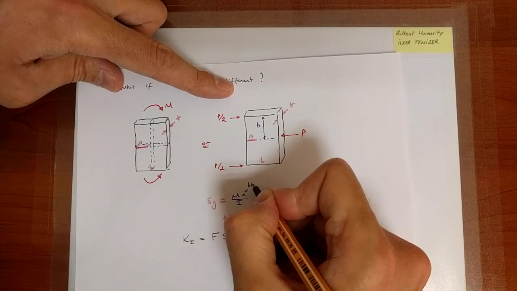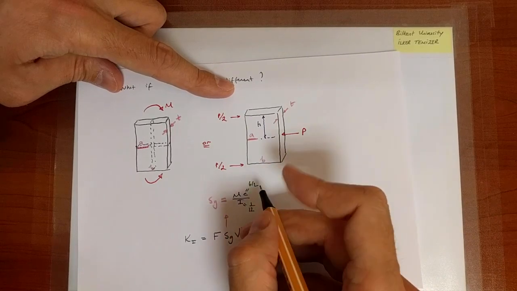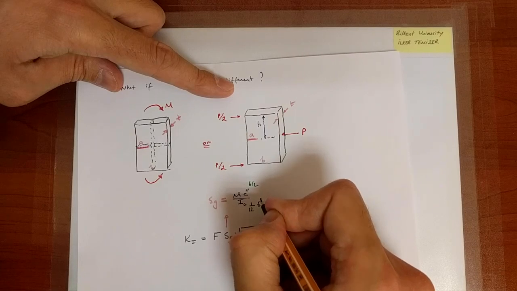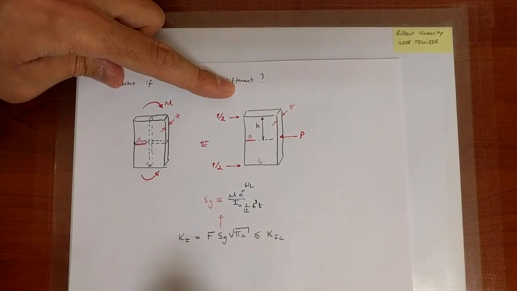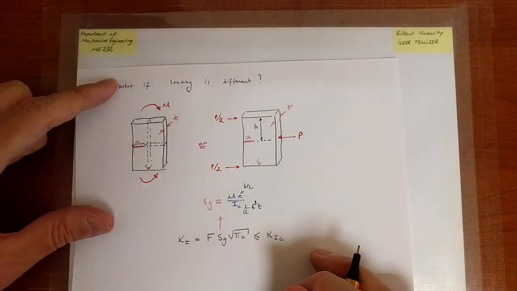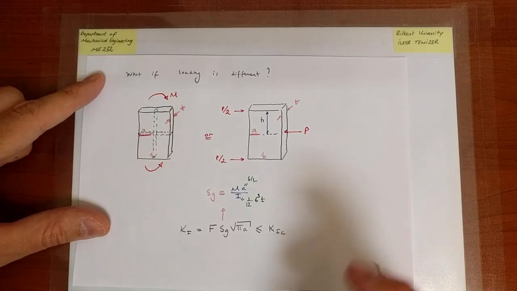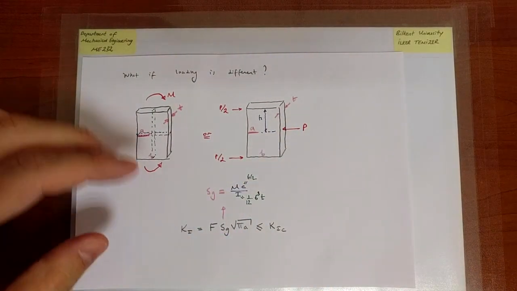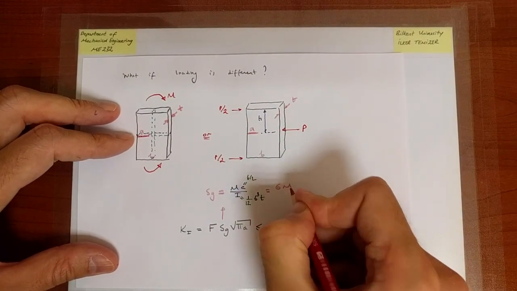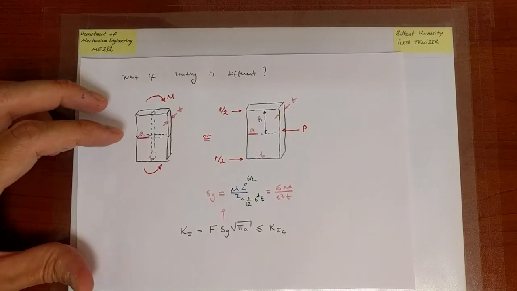So C is equal to B over 2, and I is equal to 1 over 12 the thickness times the height cubed, which in this case is B cubed. Okay, and therefore the expression for SG, if I simplify through, is 6M over B squared T.